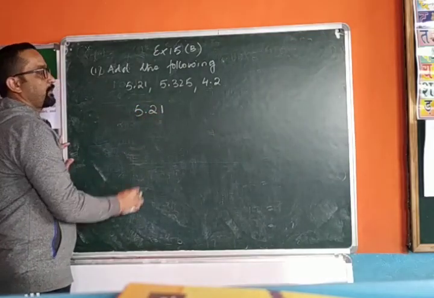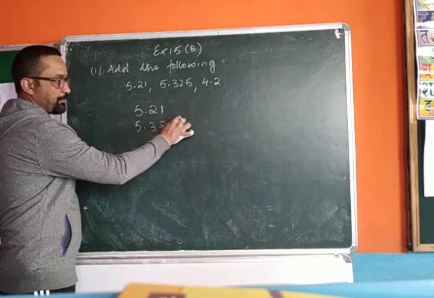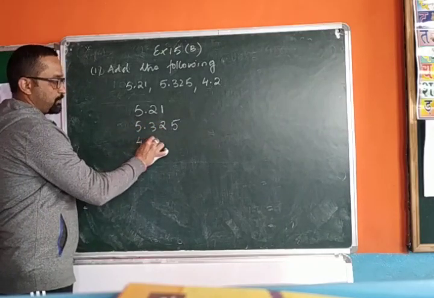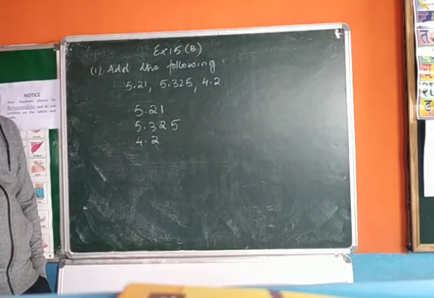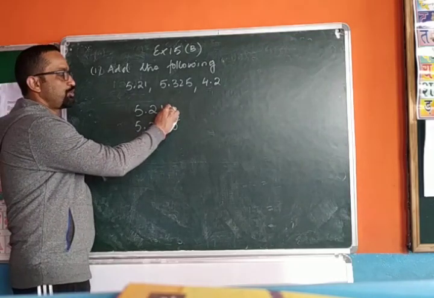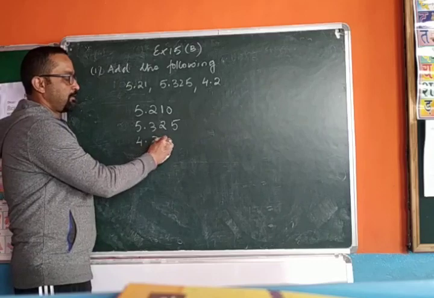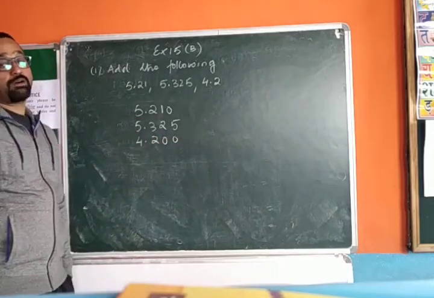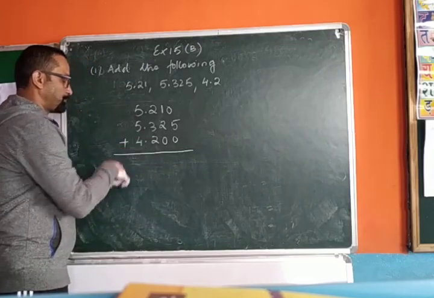5.21, 5.325, 4.2. And in order to make them like decimal fractions, you see you have 3 places. You put zeros so that it becomes 3 places. You have 1 place, put zeros to become 3 places. Now add it up.